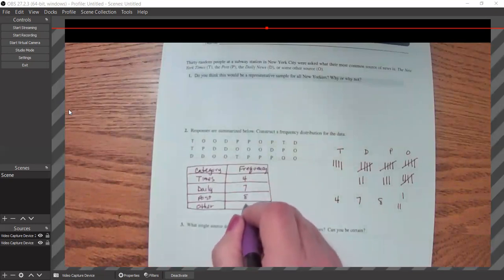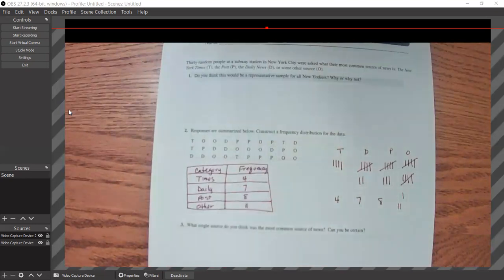And other sources, 11. So we would want to add these up and make sure they add up to 30, just to check to make sure we accounted for all of our data. So 19, 26, 27, 28, 29, 30.